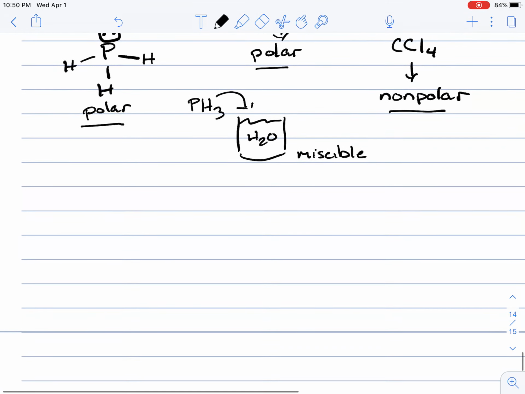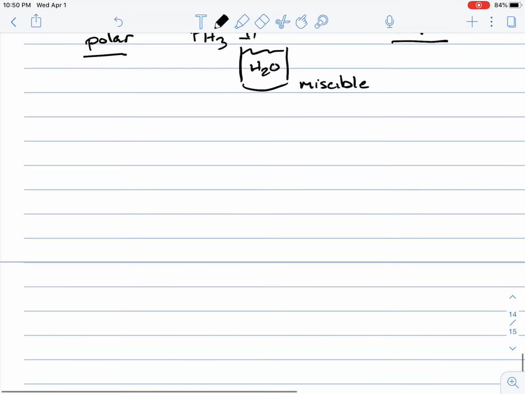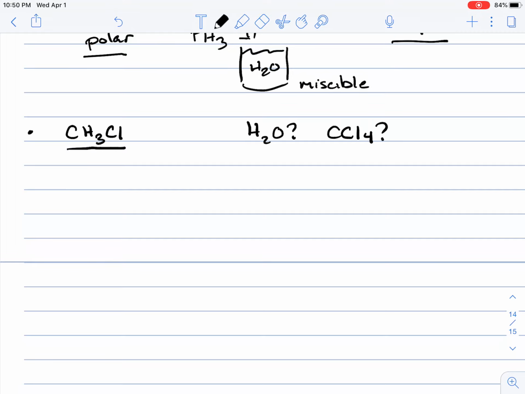Let's go ahead and do another one. Let's do CH3Cl. So we're going to determine if CH3Cl can be dissolved in either water or carbon tetrachloride, CCl4.